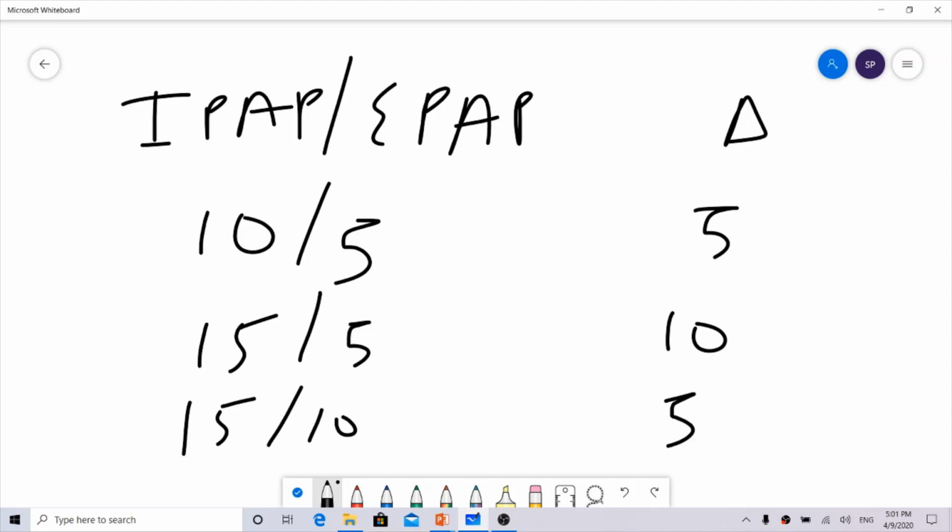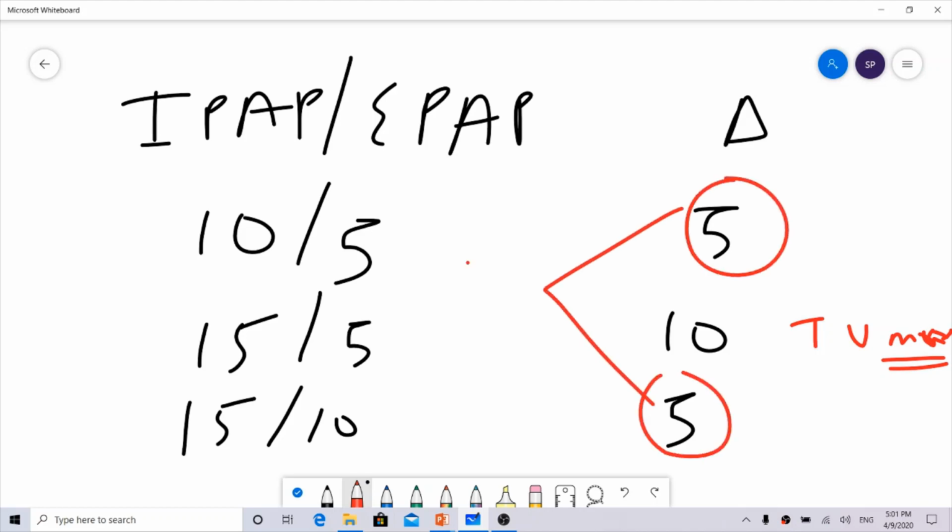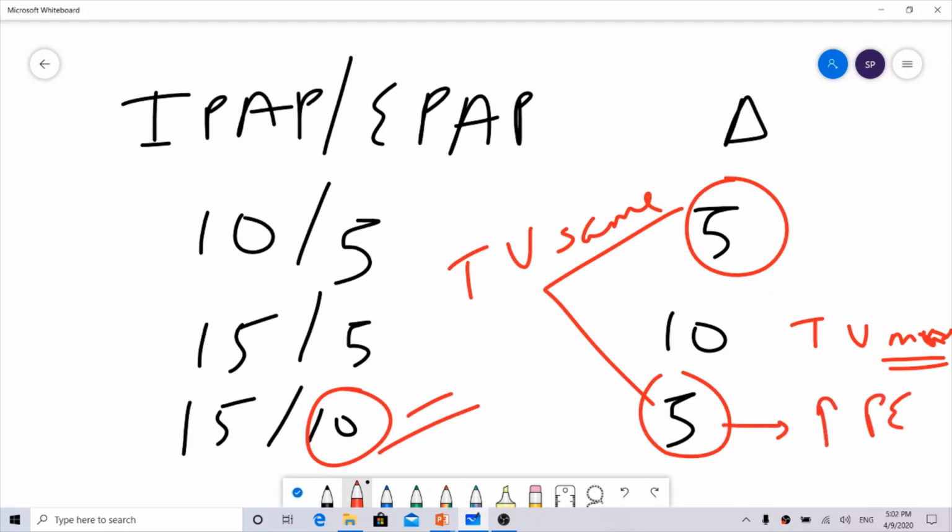Of course here the tidal volume will be maximum. But what about these other two? In both of these the delta is 5, so the tidal volume is the same, but look at the EPAP. Here you have a high PEEP.